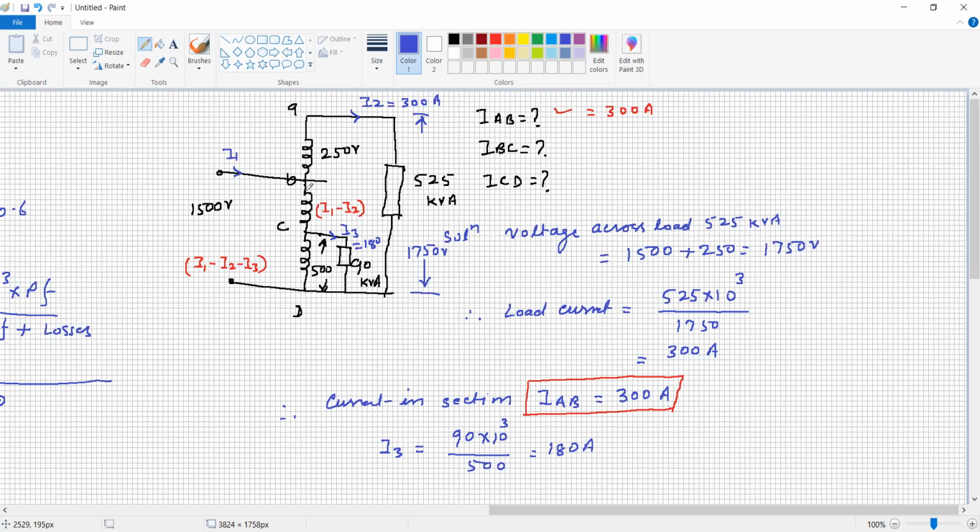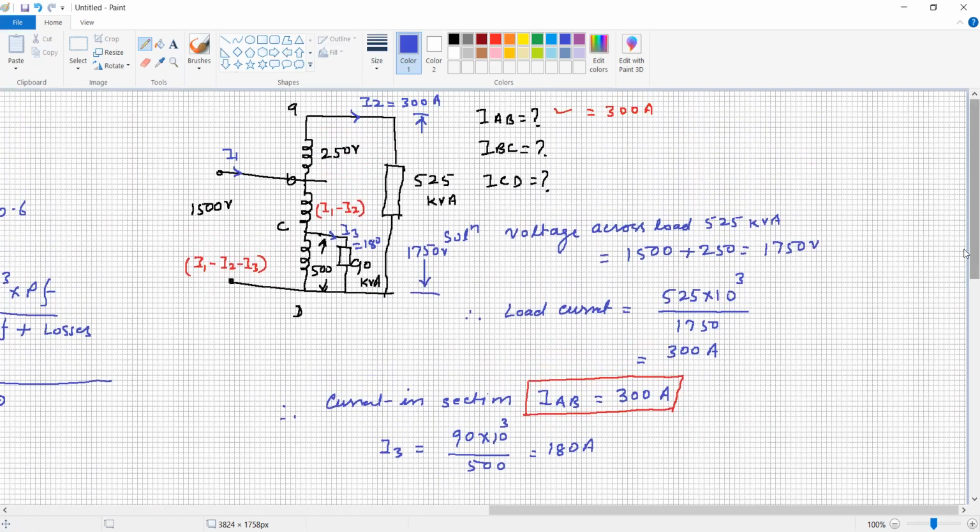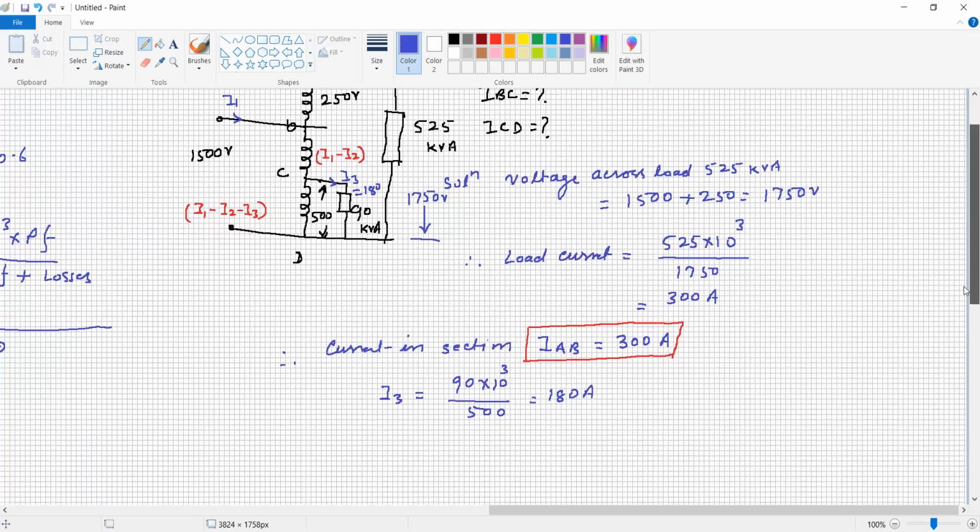We know I2, and it is necessary to calculate current I1. So how are we going to calculate the current I1? Any clue?